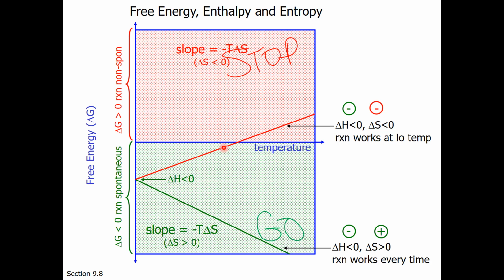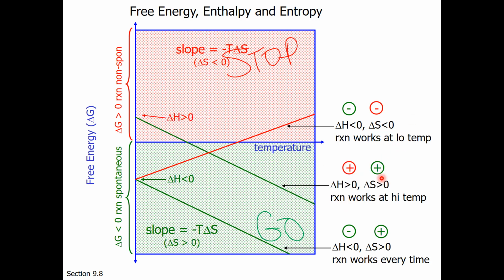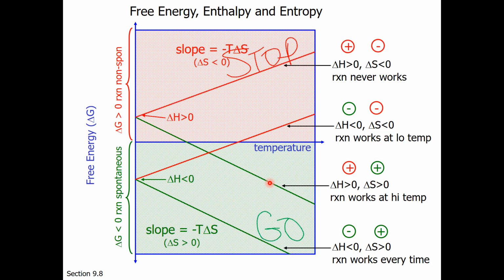The go zone is at low temperature. A positive positive starts in the stop zone, but the slope is negative. So eventually, at high enough temperature, we're back to the go zone. And finally, positive negative, we start in the stop zone and the slope is positive. So we stay in the stop zone. We just cannot get to go.